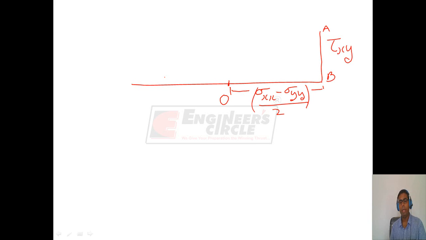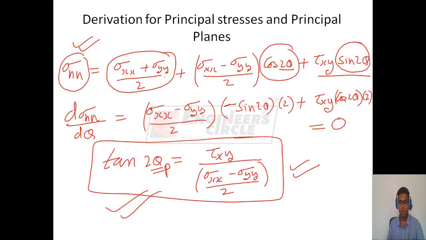Draw a horizontal line and a vertical line. On the vertical line, mark shear stress tau xy. O is the origin, and on the horizontal axis we can show (sigma xx minus sigma yy)/2. If we consider AB as perpendicular and BO as base, then this angle becomes 2 theta p, because tan 2 theta p will be tau xy upon this term, as we have got here.